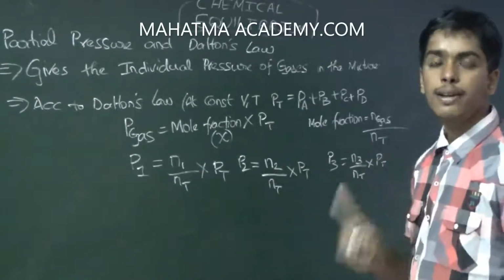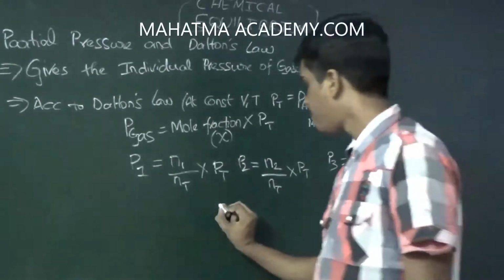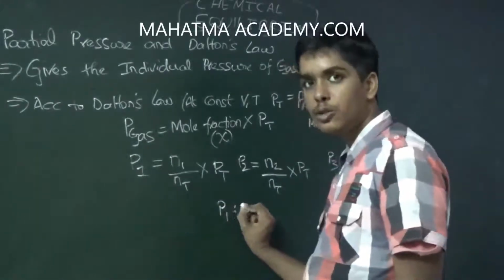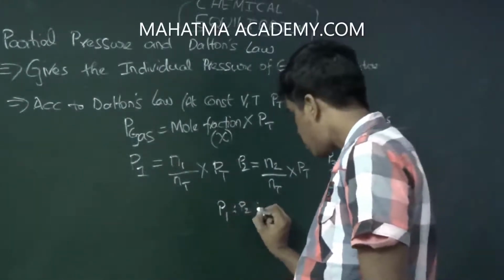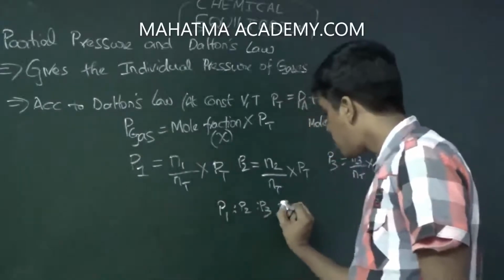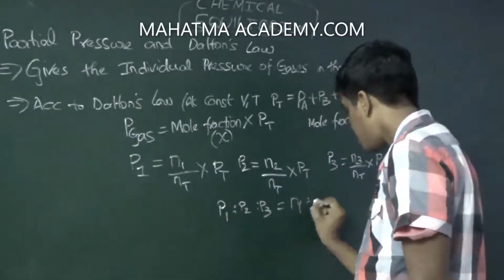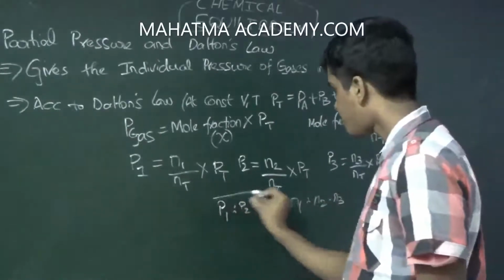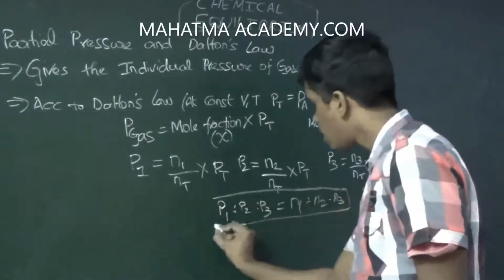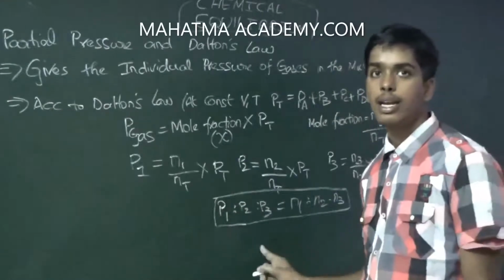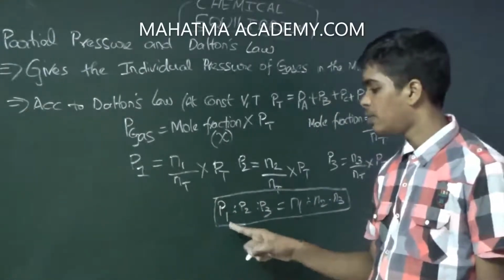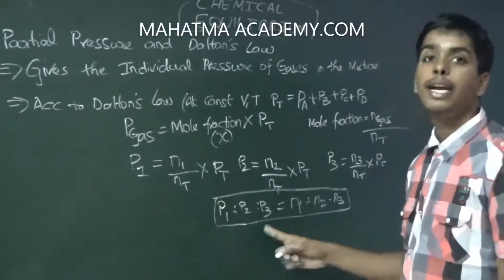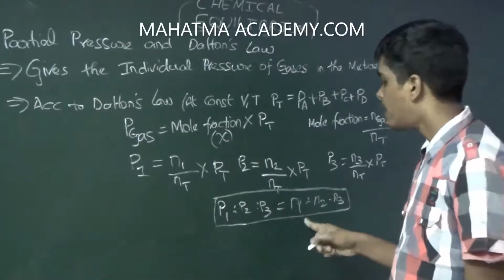Now we write the ratios: P1 is to P2 is to P3 is equal to n1 is to n2 is to n3. As we have discussed, the pressure of the individual gases is divided in the ratio of the number of moles.